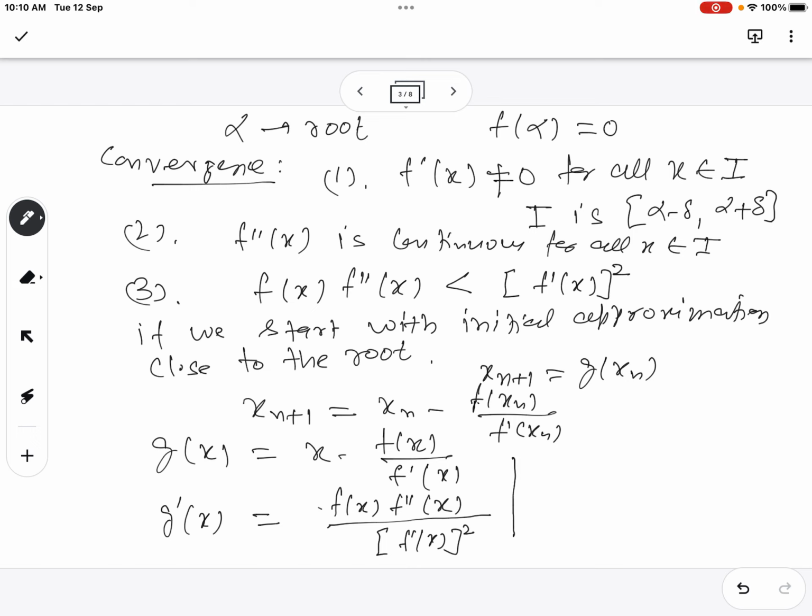And because we know for successive approximations to converge, the absolute value of derivative of g should be less than 1 in case of the fixed point iteration method. So therefore from this we find that f at x multiplied by double derivative of f at x should be less than the square of the first derivative of the function.